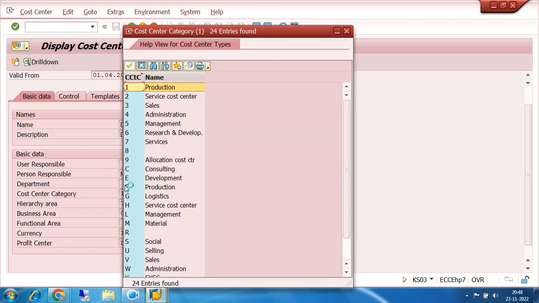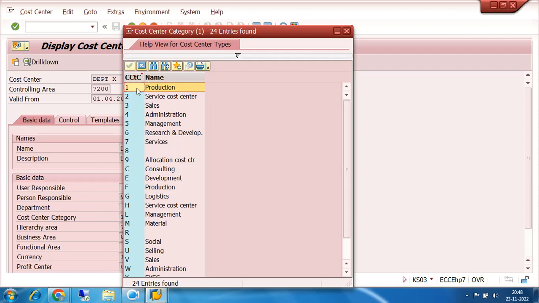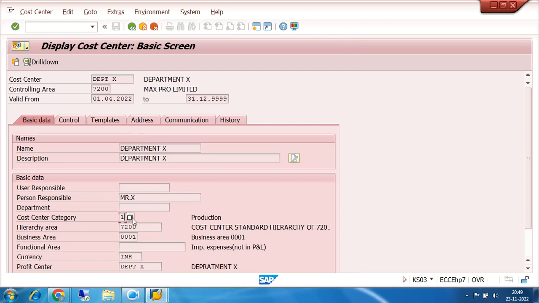There are already many categories: production, service, sales, admin, management, research. So we have selected one cost center category. Then there is a hierarchy area. I have discussed what a hierarchy is, organizational structure or hierarchy. What is the meaning of hierarchy?